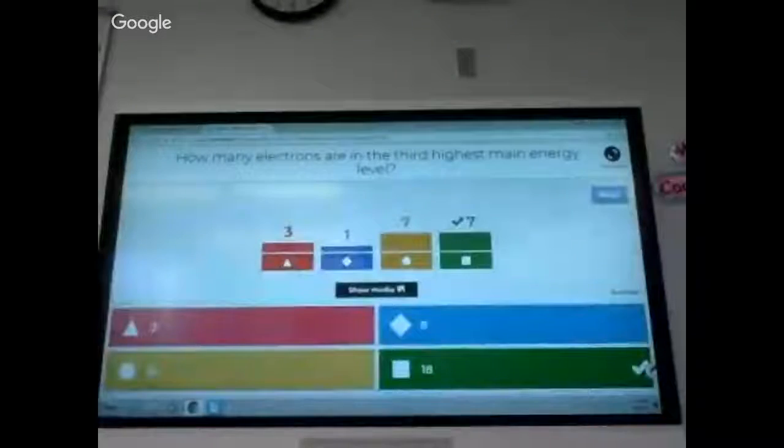How many sublevels are in the third ring? 3. What are their names? S, P, and D. How many electrons are in S? 2. In P? 6, and in D, 10. So if you got 2 plus 6 plus 10, you get 18.